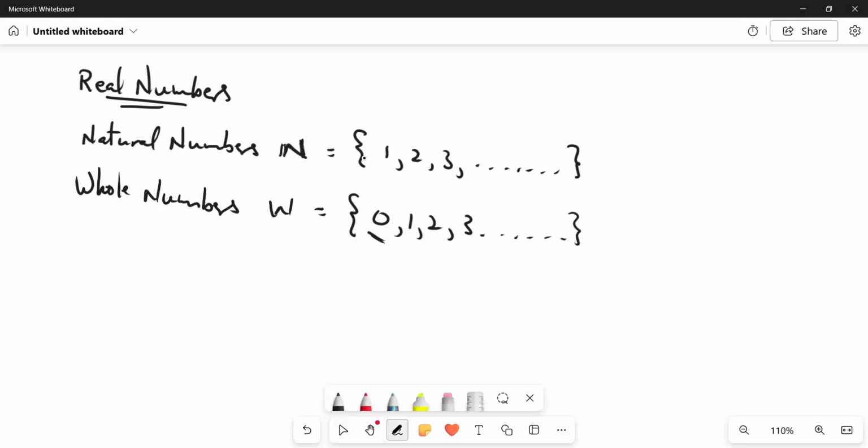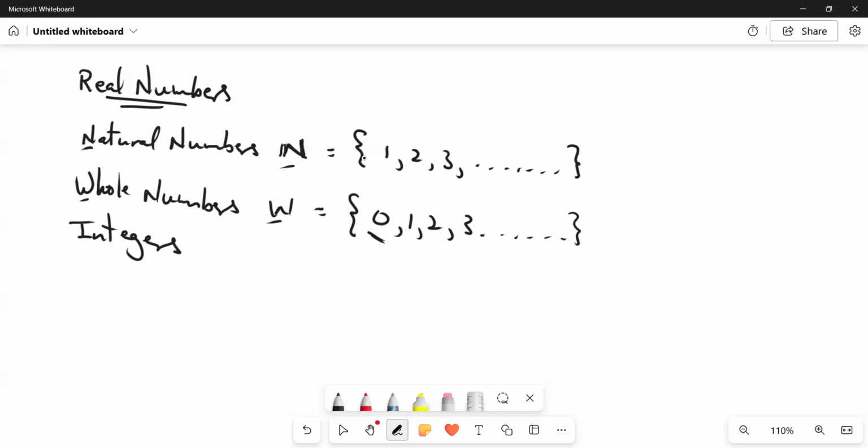Then there's what we call integers. And the symbol is not I, as we would think. N is from here, W is from here.